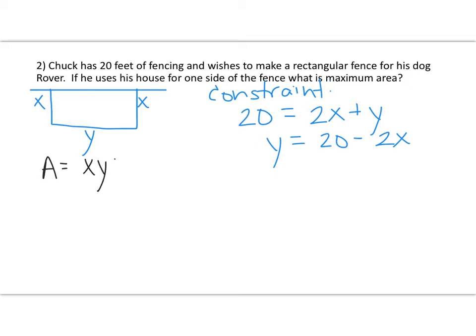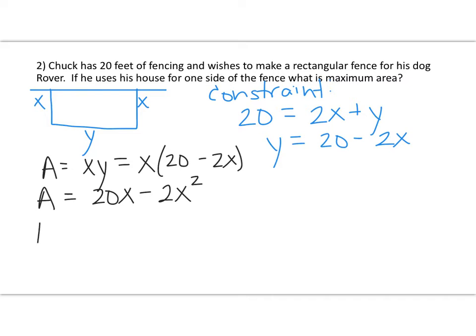I'm going to rewrite it in terms of just one variable, in terms of x, so I replace my y with what it's equivalent to, which is 20 minus 2x. So my area equals 20x minus 2x squared. And then I want to take the derivative of my area, which is 20 minus 4x. Since I want to maximize this, I'm setting it equal to 0, so 20 minus 4x equals 0.